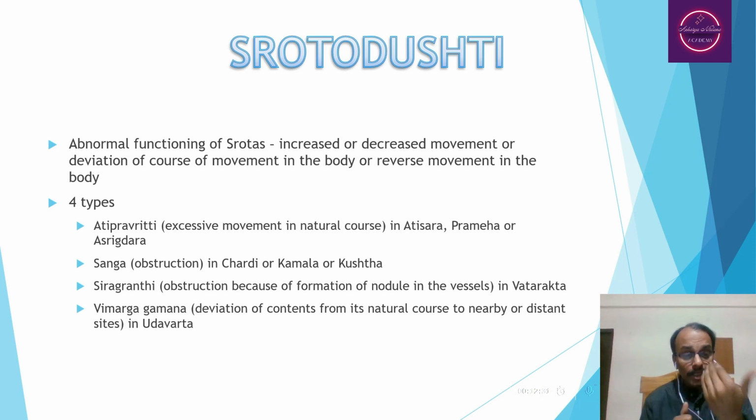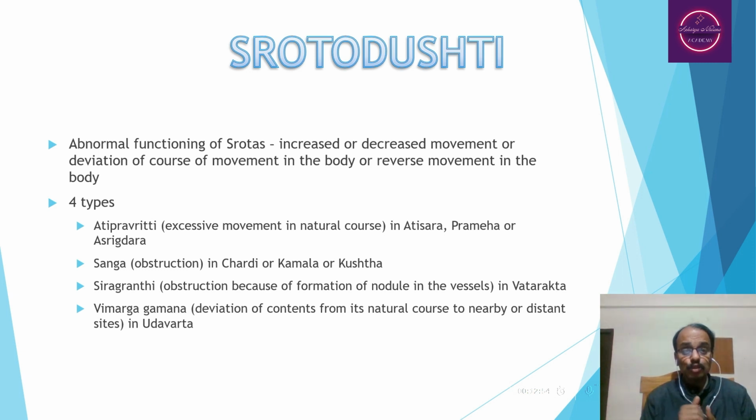Whereas increased movement of vomitus is not considered Atipravritti; it is considered due to Sanga, which naturally happens at the pyloric antrum when a person takes an increased amount of food or any incompatible food substances.